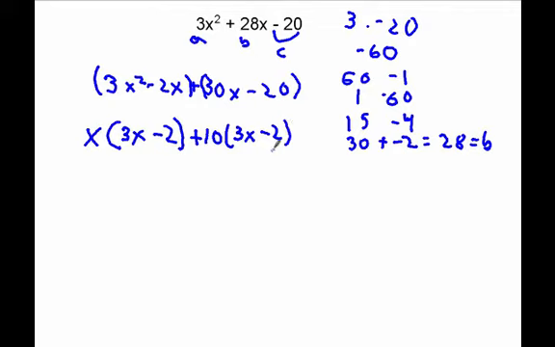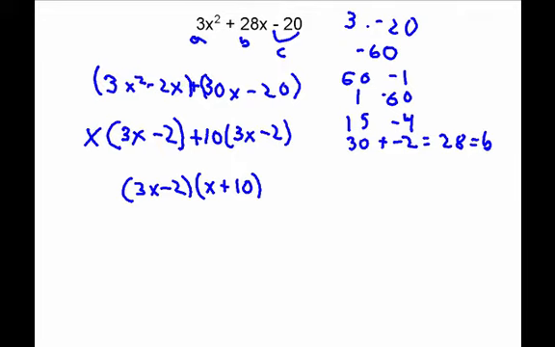Notice this binomial and this binomial are exactly the same, which means that we've done our work correctly here. So now we simply regroup them. 3x minus 2 goes over here. Bring our two leftover terms, x plus 10, down here. And I have factored this. All right. 3x squared plus 28x minus 20 equals 3x minus 2 times x plus 10.